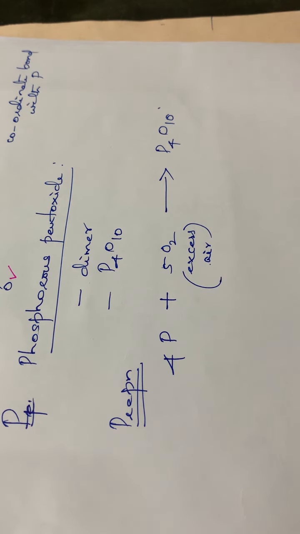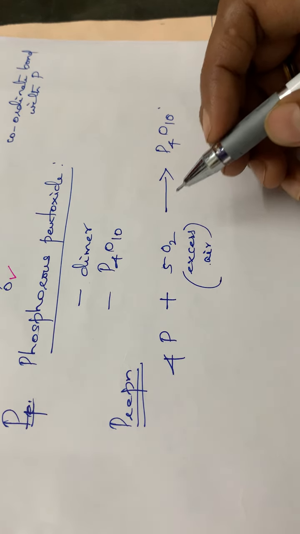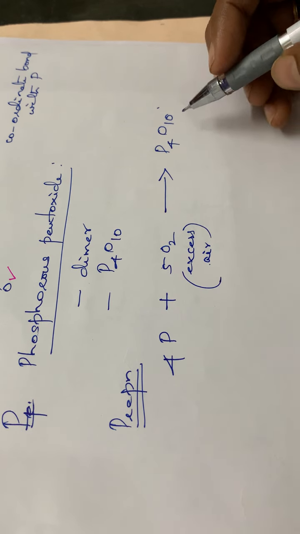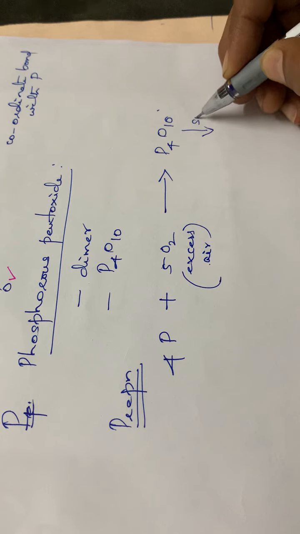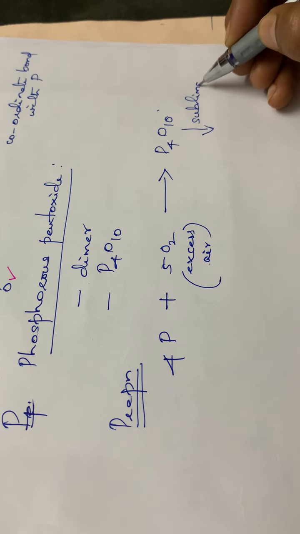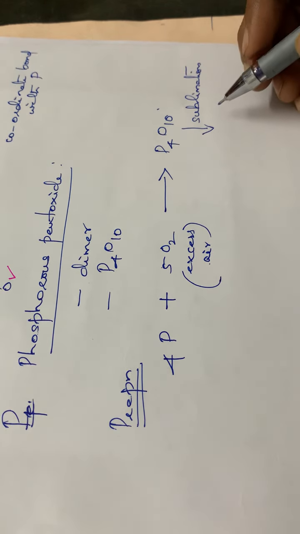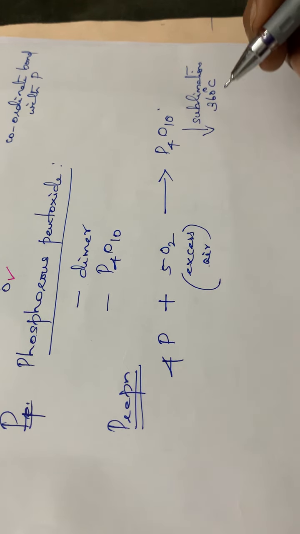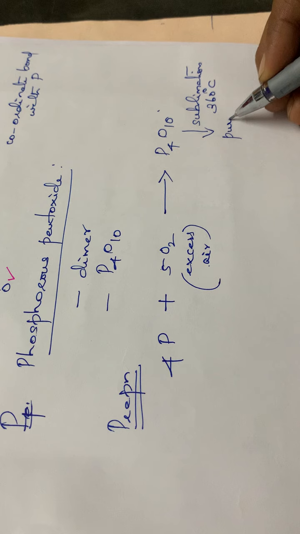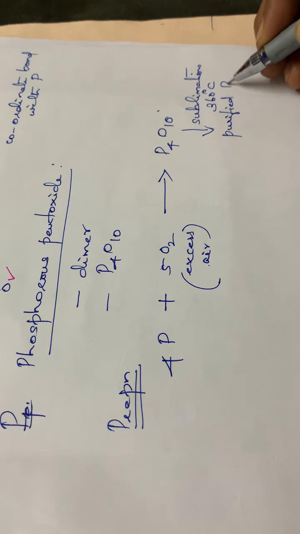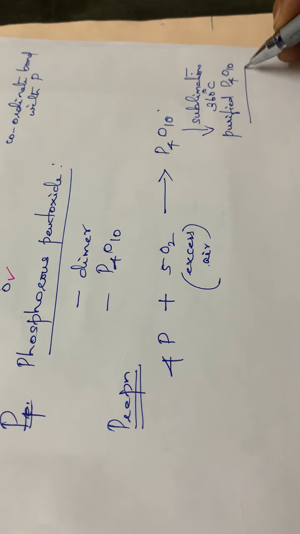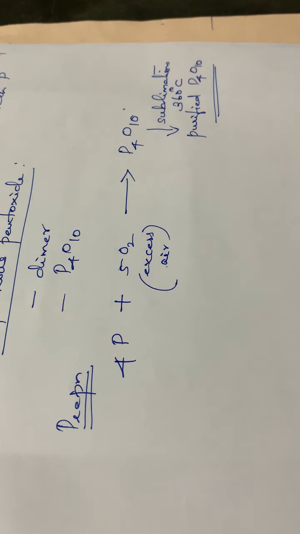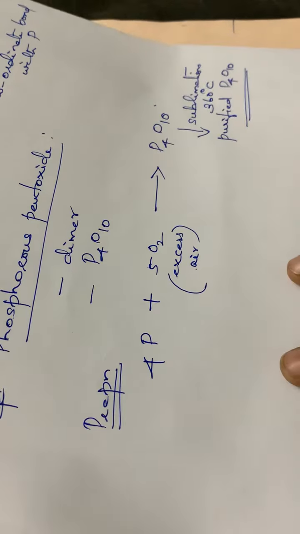So this is the method of preparation, and the formed phosphorus pentoxide is purified by sublimation, at a temperature of about 360 degrees Celsius. So we will be having purified P4O10. So this is the method of preparation of this P4O10 molecule.